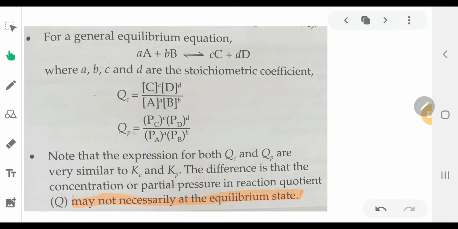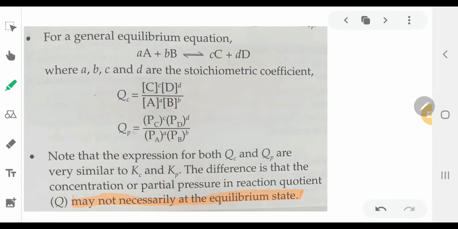So basically, when we want to write the reaction quotient expression, it will be the same as the way we write Kc or Kp. If you look at the general equilibrium equation on top over here, the way we write the Q expression, for example for Qc, is exactly the same as the way we write Kc for this reaction.